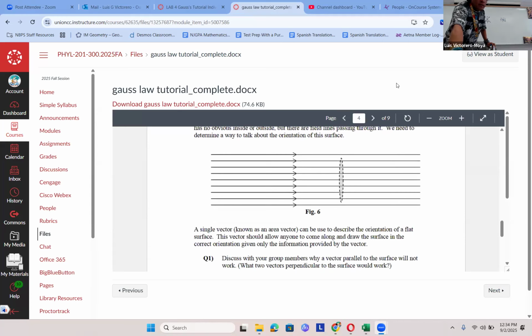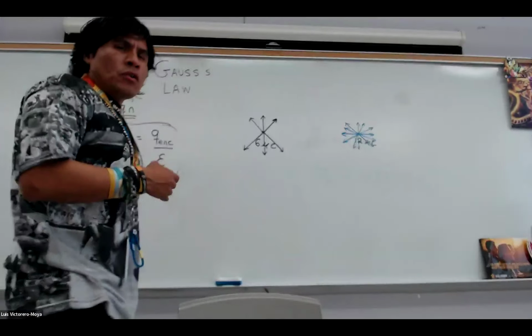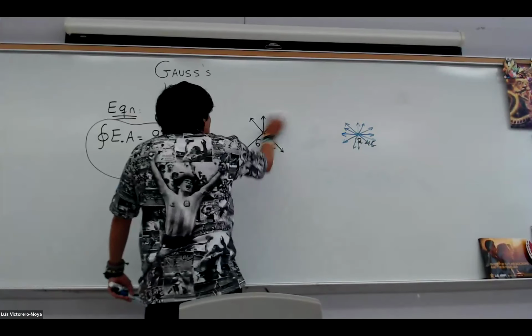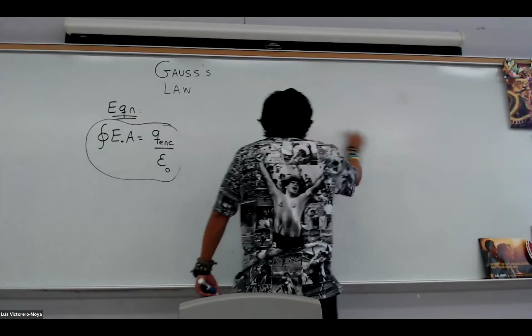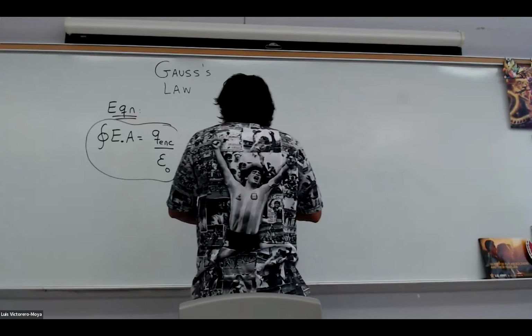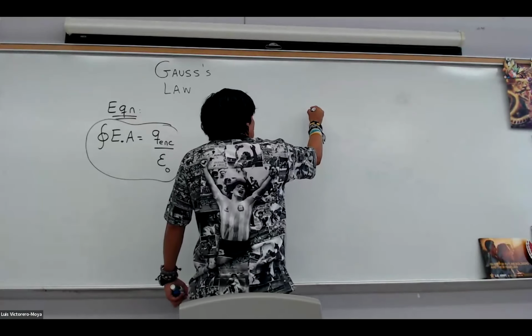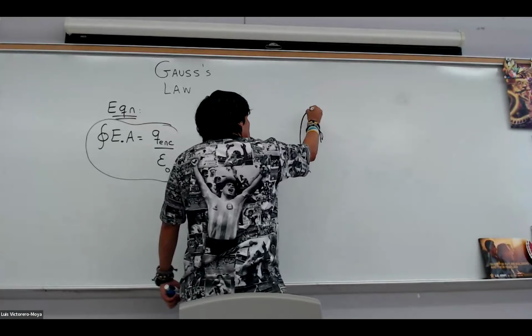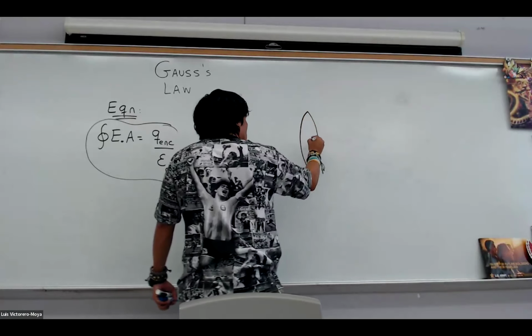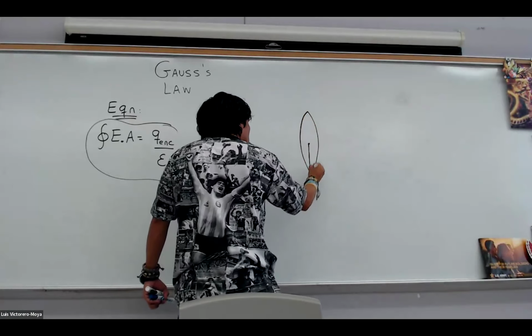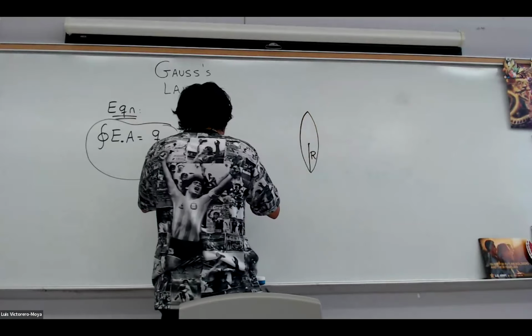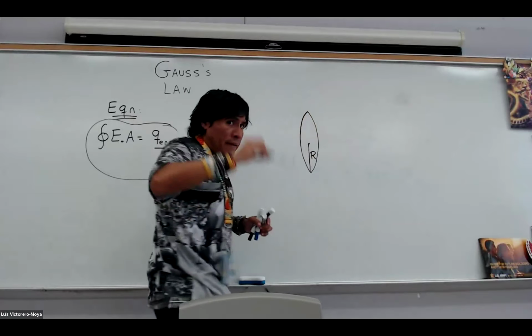Okay, so now let's talk about electric flux. I kind of already showed you about the electric flux. But pretty much, if you have a surface, it can be a circle with radius r. I'm going to just do that in general.